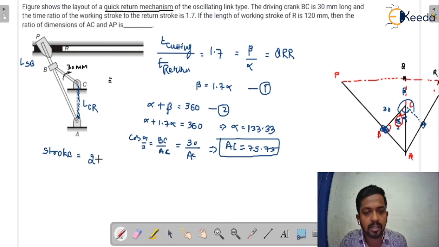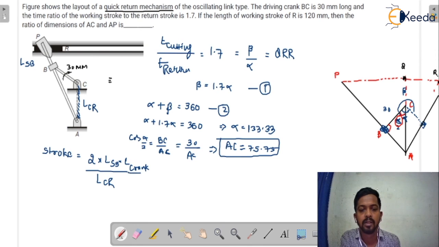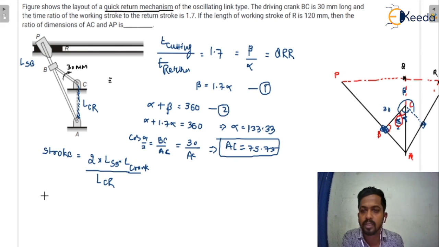Basically the stroke is equal to 2 into length of crank upon length of connecting rod. This is the formula of stroke. The stroke is given in the question, 120 mm.